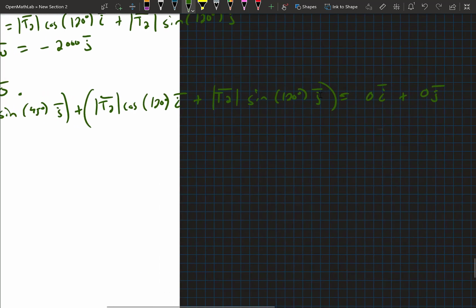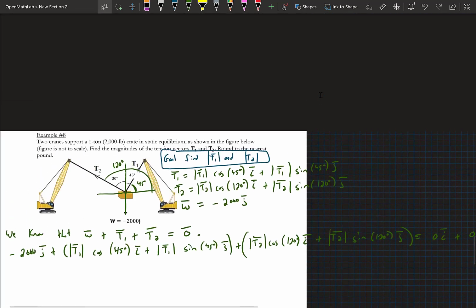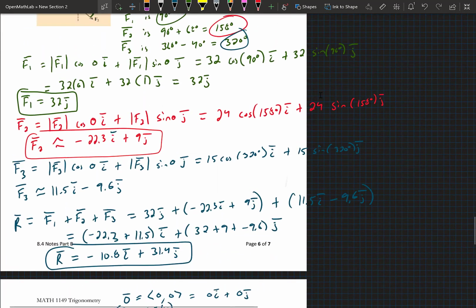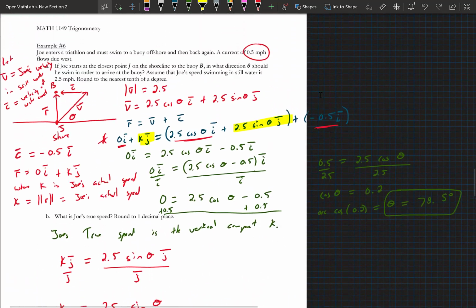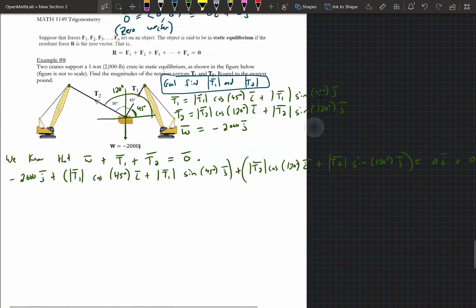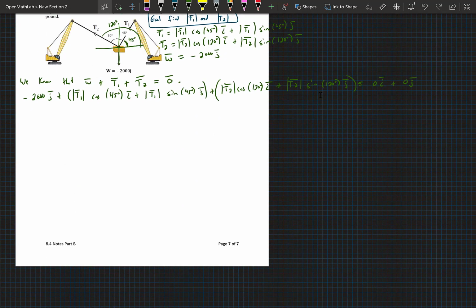Right? So again, kind of like what we did, was it in the previous example? I think it was two examples ago. Yeah, example 6. Remember that when you have an equation where two vectors are equal, they're only equal if their corresponding components are equal, right?